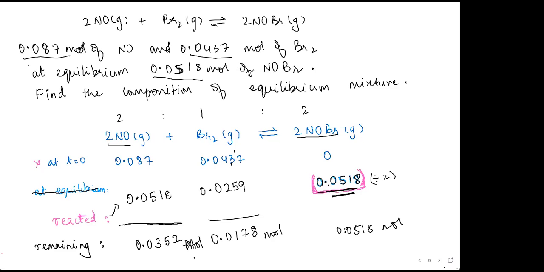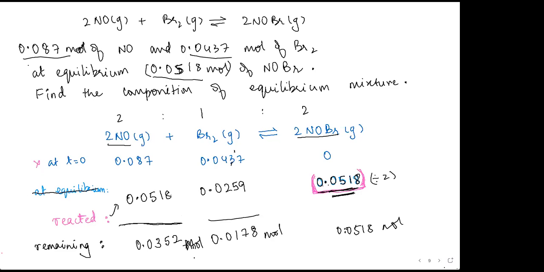So find the composition, like how much of NO and Br2 are left in the reaction mixture. Based on stoichiometry, to produce these many moles of NOBr, based on this ratio, you can figure out how many moles of NO and Br2 were used. From that, you can figure out how much is left over.